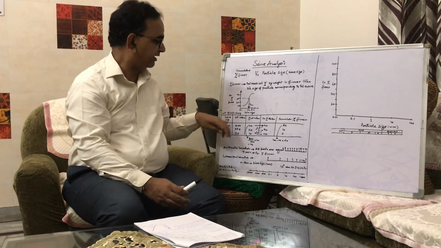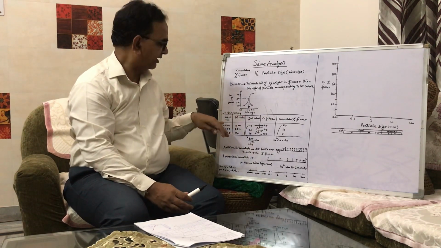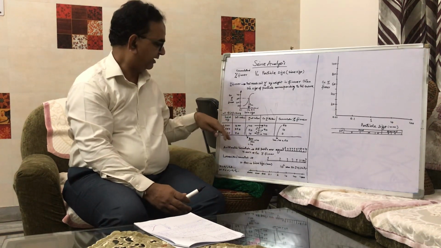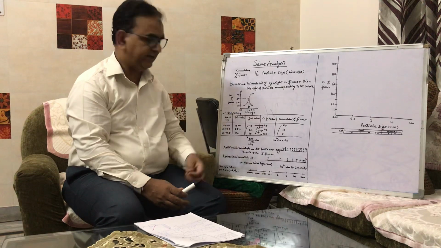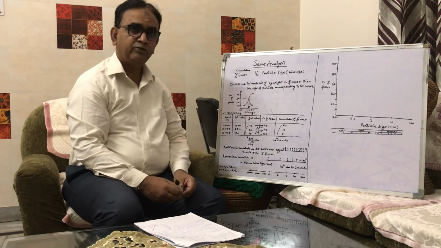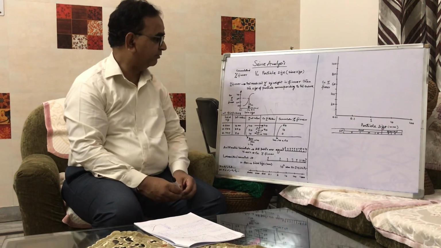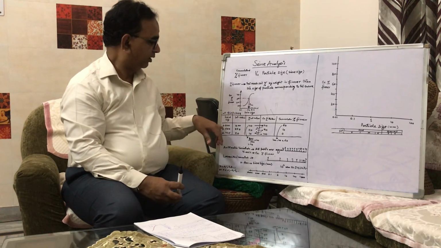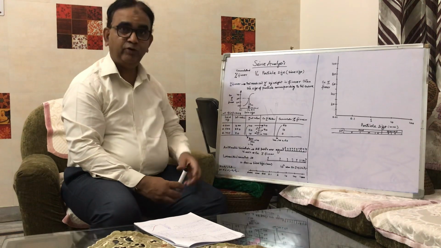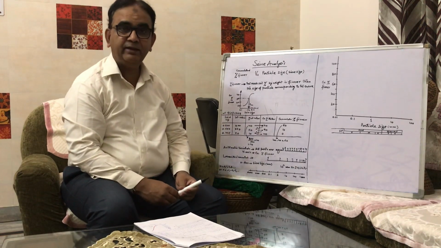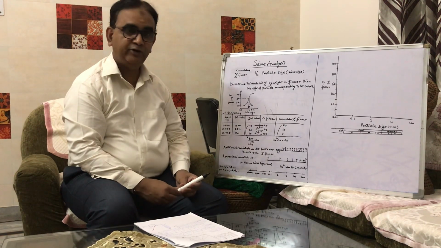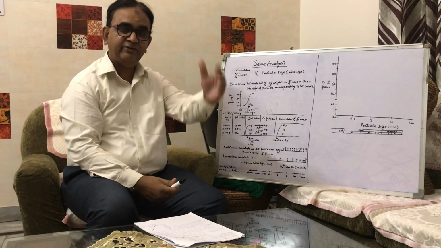Now we have a small example of data for three observations, so that you can calculate the cumulative percent finer. As you have already done in the soil mechanics lab, those students who performed the sieve analysis test already know that you have different sieve sizes.